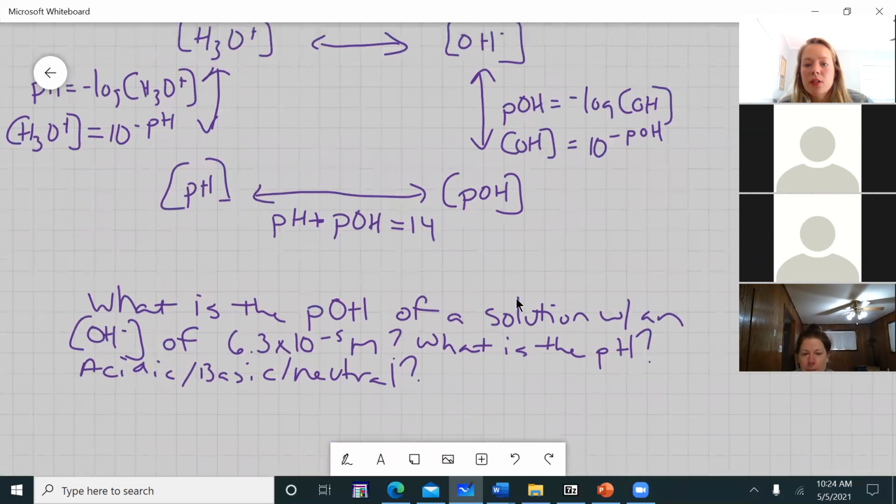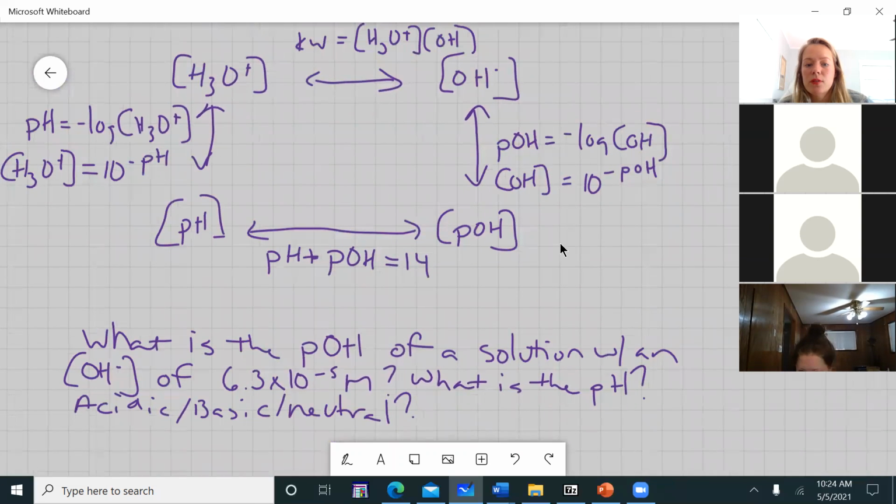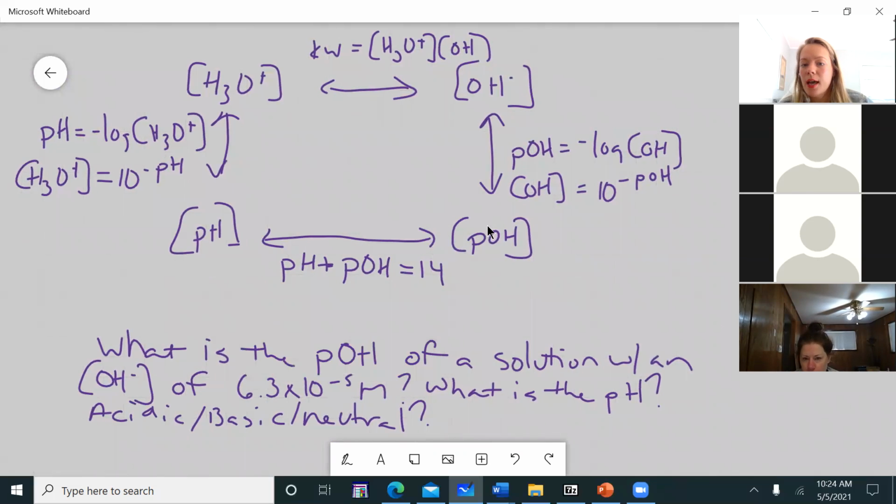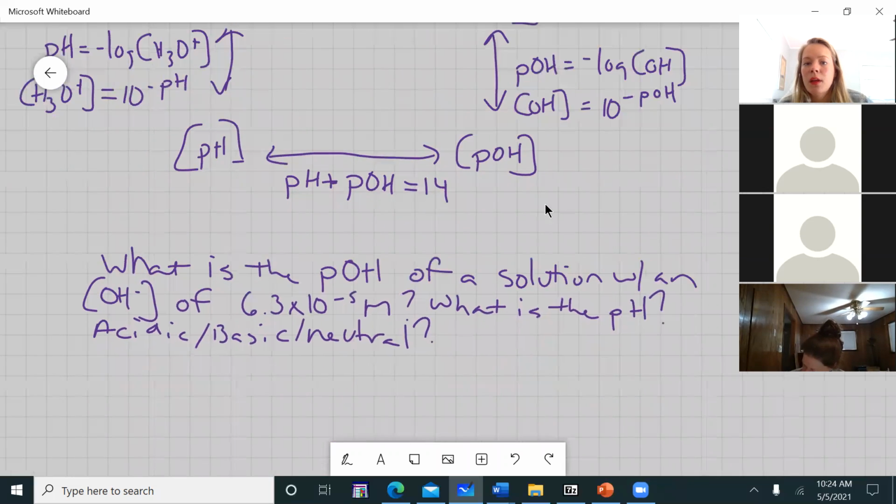So with this problem, what is the pOH of a solution with an OH concentration of 6.3 times 10 to the negative fifth? So we have the OH. We're going to try and calculate the pOH. That's the first step here. So we're going to go from here to here.